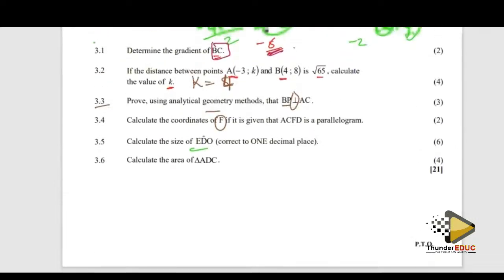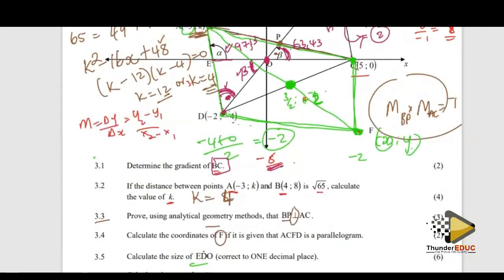Then 3.6, they want the area of ADC, for 4 marks. So what do we know?